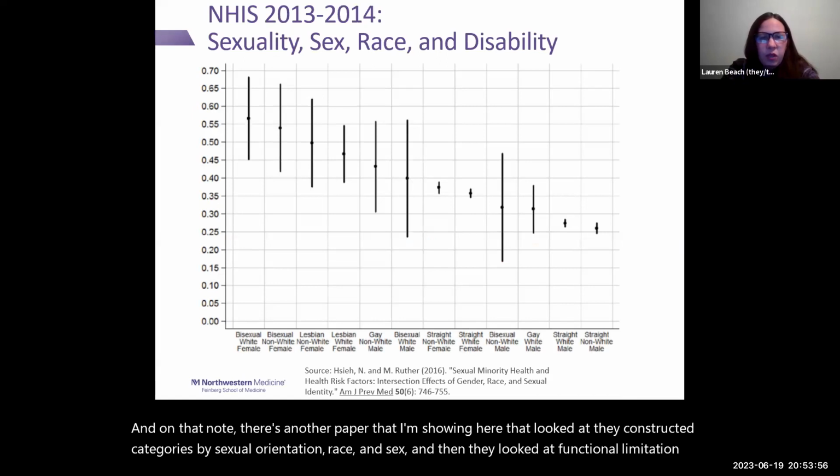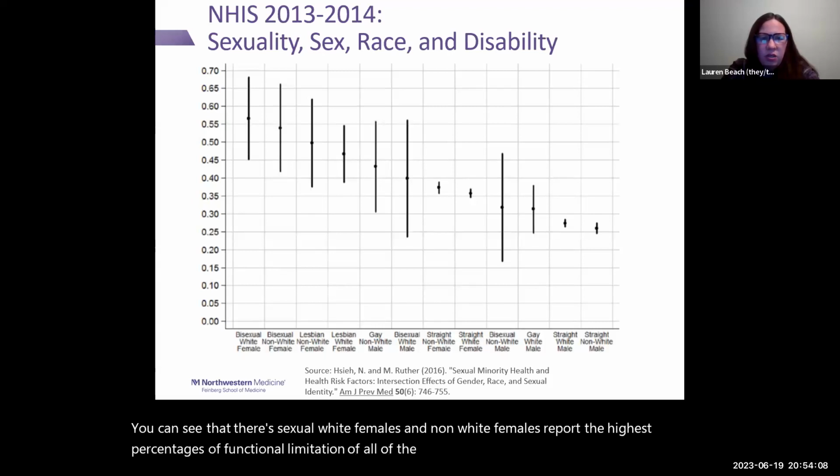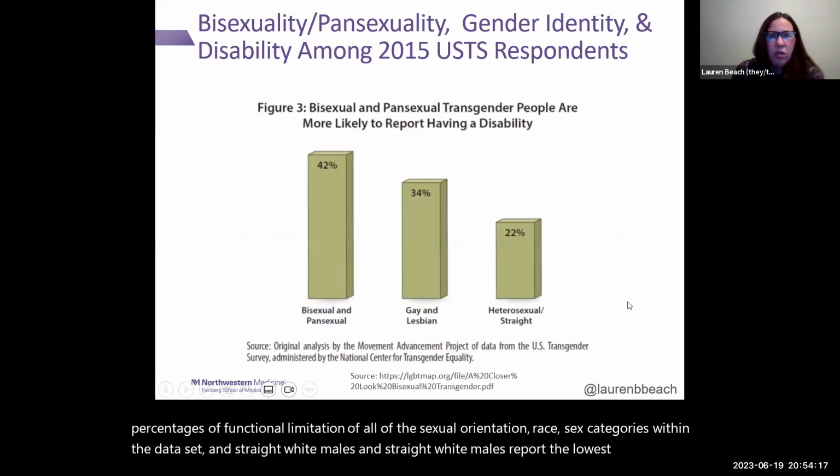You can see that bisexual white females and non-white females report the highest percentages of functional limitation of all the categories within the data set, and straight white males and straight non-white males report the lowest.